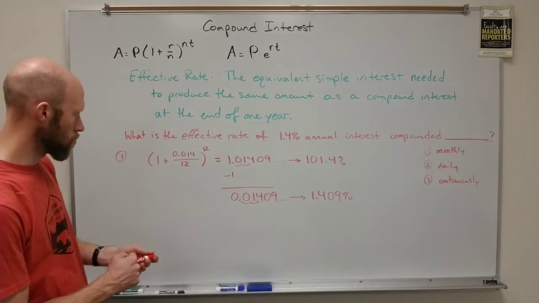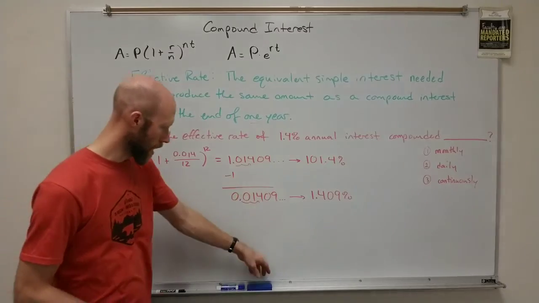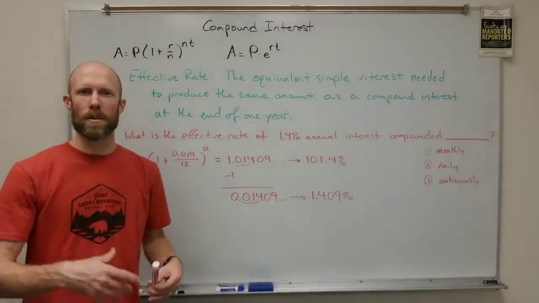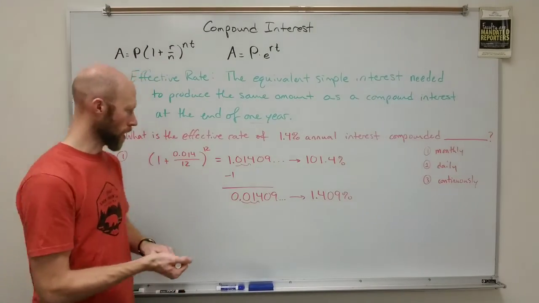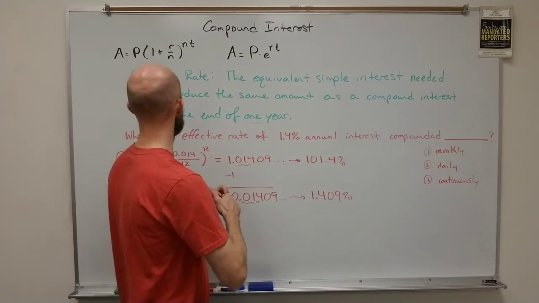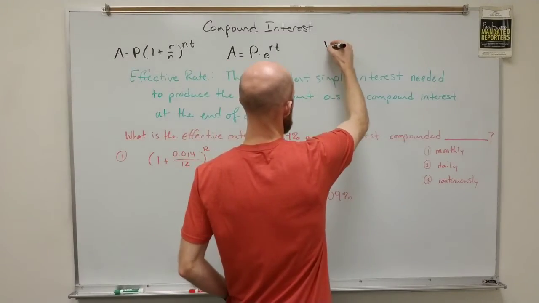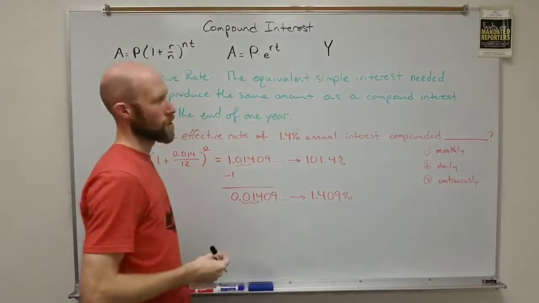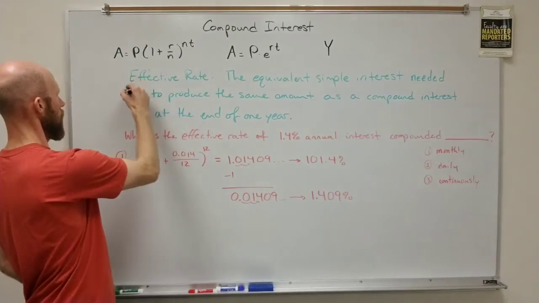If I wanted to repeat the process for daily compounding, now I'm going to develop a formula. Let me give you the formula real quick for the effective yield. The effective yield, or the effective rate, uses the letter Y to represent it. So this is Y right here.